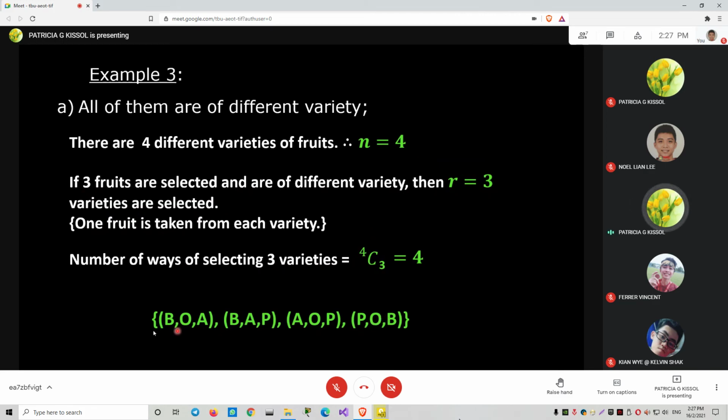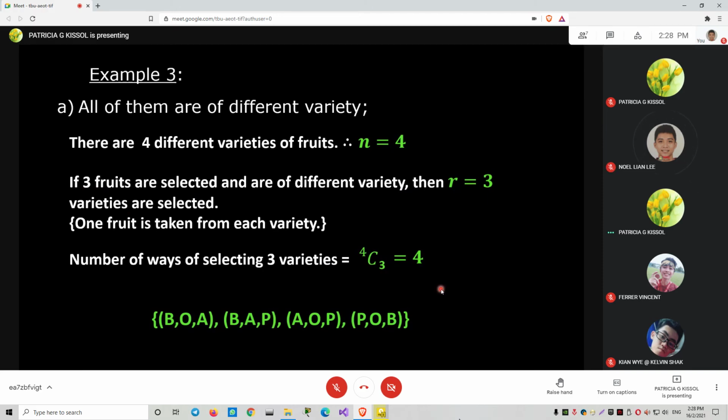These are the only ways of selecting 3 different fruits, and all of them have 3 different fruits. So the answer is 4. Is that clear, class? Any question?